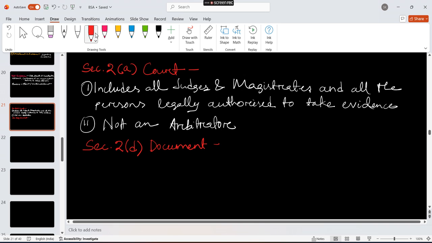By means of letters, figures, marks, or by more than one of those means, whether all of these, or a mixed version, like letters and numbers, letters and figures, marks and letters.